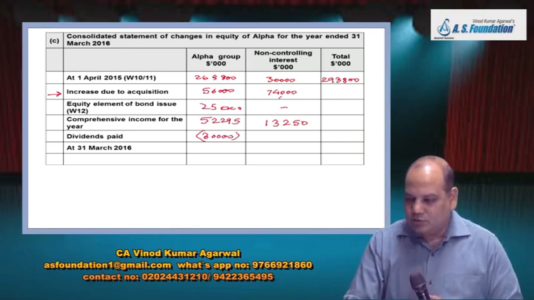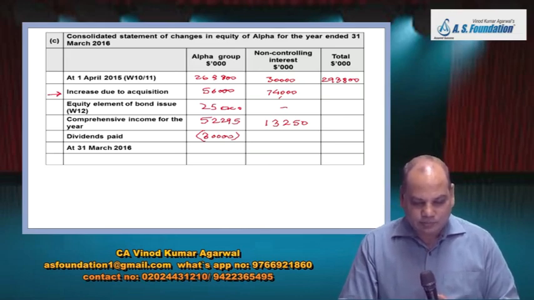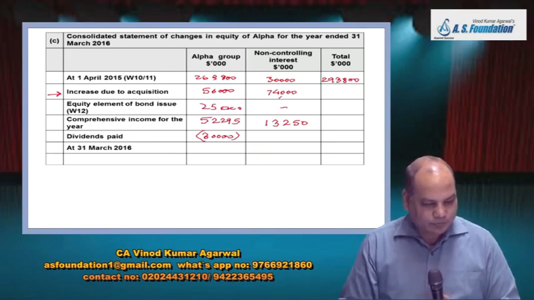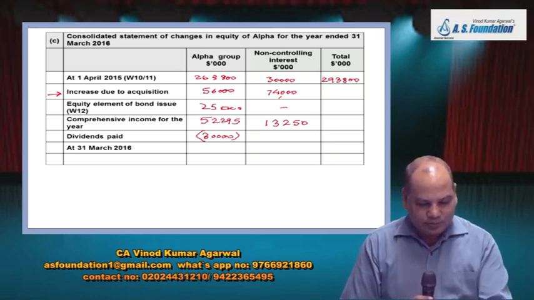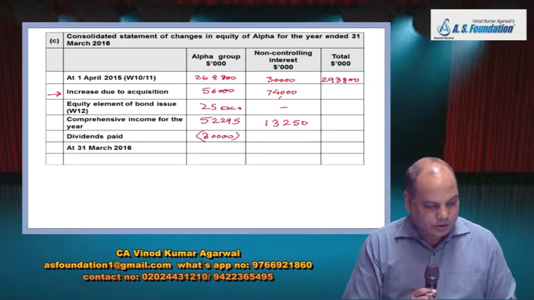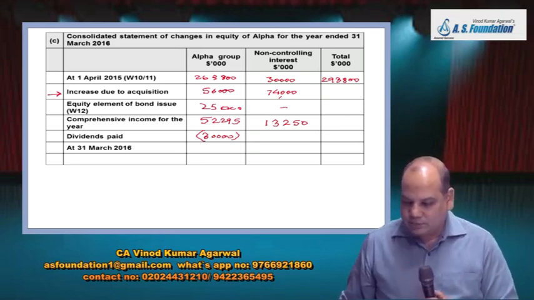And NCI share in dividend is reduced from NCI. Total dividend paid by Beta was 12,000. Out of 12,000, NCI share is 20%, that is 2,400. There is a working note number 13 for that.